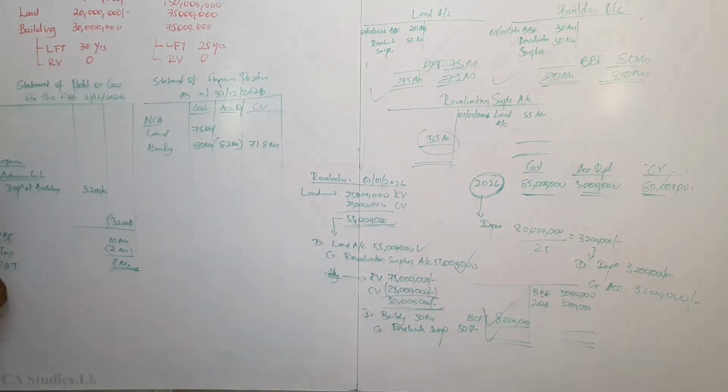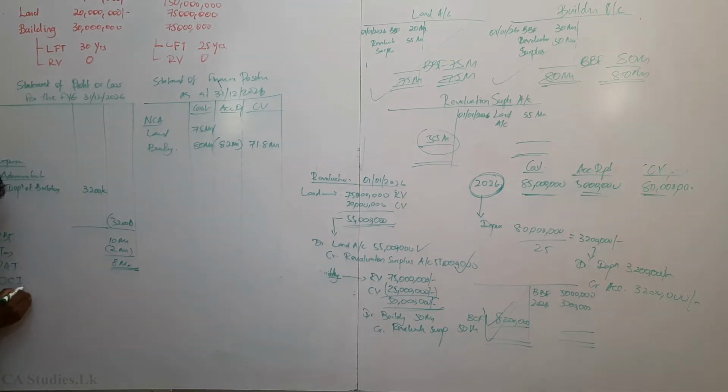After that, OCI items will be shown under the profit or loss. All the income that cannot be recognized in the profit or loss will be shown here. All the expenses that cannot be recognized in the profit or loss should be shown under the OCI items. Revaluation surplus cannot be shown in profit or loss because it's not actually earned income, right?